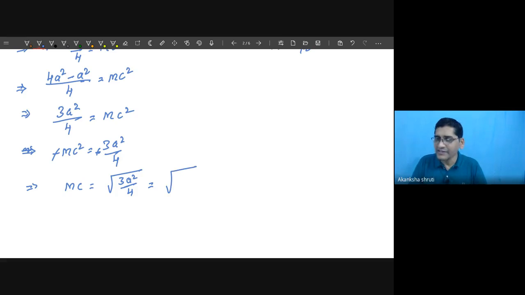We have already learned in chapter 1 that this can be written as root 3 into A divided by 2 into 2. Making the pair from this A square, meaning A into A, only one of the A can be taken, and 2 into 2 in the denominator, one of the 2 can be taken, but root 3 will remain inside. So from the numerator, take the A outside, keep this root 3 inside, and in the denominator, the 2 is taken out. Okay?